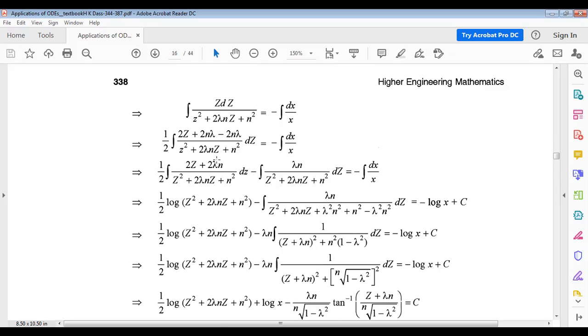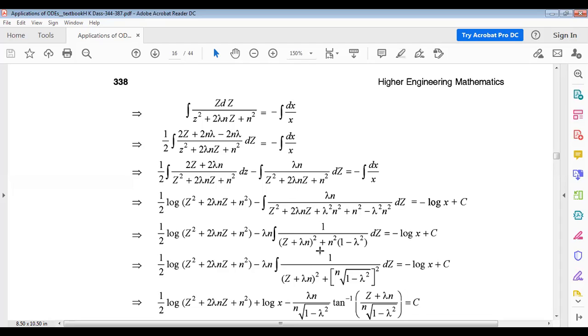So the result of this integration will be log of the denominator, minus lambda n times the integral of 1 divided by z square minus 2 lambda n z plus lambda square n square plus n square minus lambda square n square. This cancelled. We have taken this just to make the a plus b whole square formula.